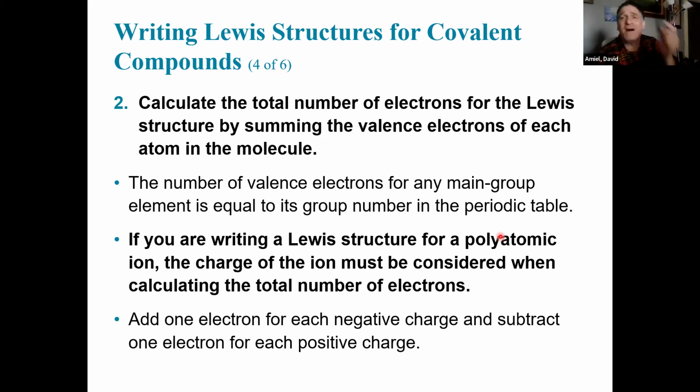It's CN minus. The minus sign is telling you that you have an extra electron to participate in bonding. So when writing the Lewis structure for a polyatomic, remember to calculate the charge when determining the total number of electrons. You would add 1 if it's a minus and subtract 1 if it's a plus.